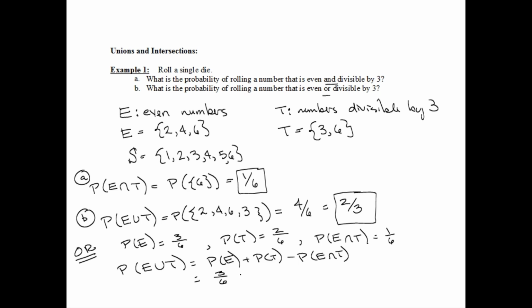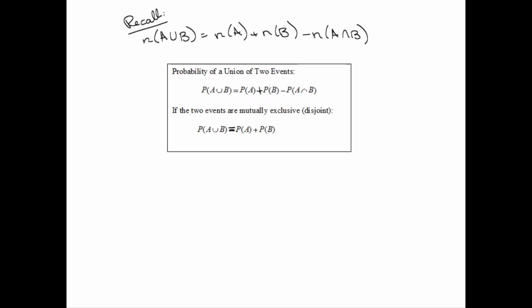So 3/6 plus 2/6 minus 1/6 gives me 5/6 minus 1/6, so 4/6, which is 2/3. Same answer. I'm not saying that's the most efficient way to do it. I think probably the best way to do it is the way that we did it the first time, just examining the union. But it's good to verify the formula and see that it makes sense.